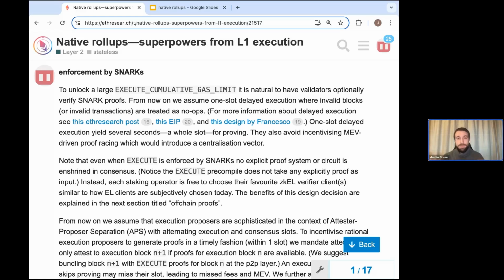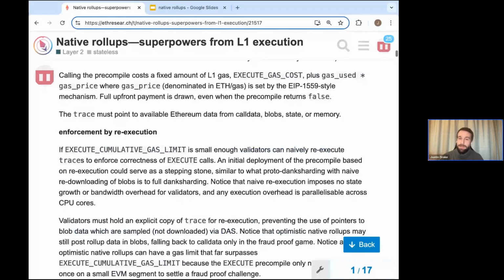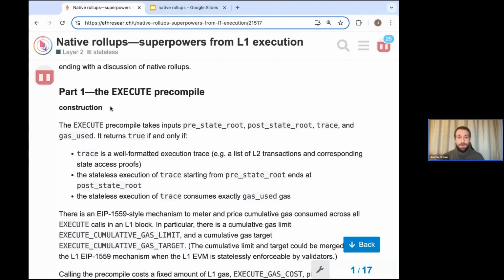One of the key ideas from Vitalik is to actually not have the proofs be enshrined in consensus. So basically, there is no input here which is proofs or proof. Instead, the key idea is to have the proofs be gossiped off-chain, and for every single validator to choose whatever proof system they're most comfortable with.